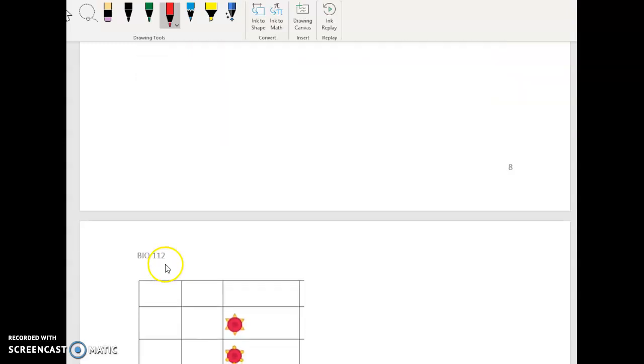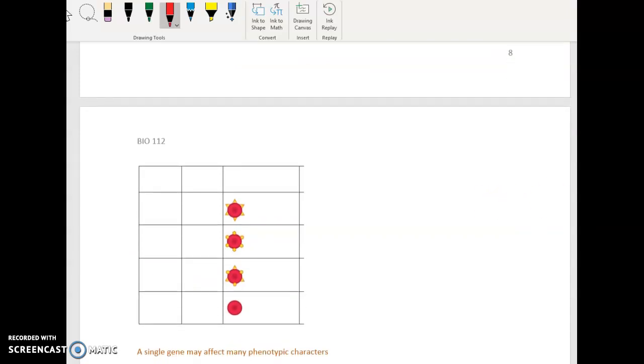So let's look at how this works. If you have blood group A, your genotype is IA IA, or it might be IA i, and the carbohydrate produced is this triangle.